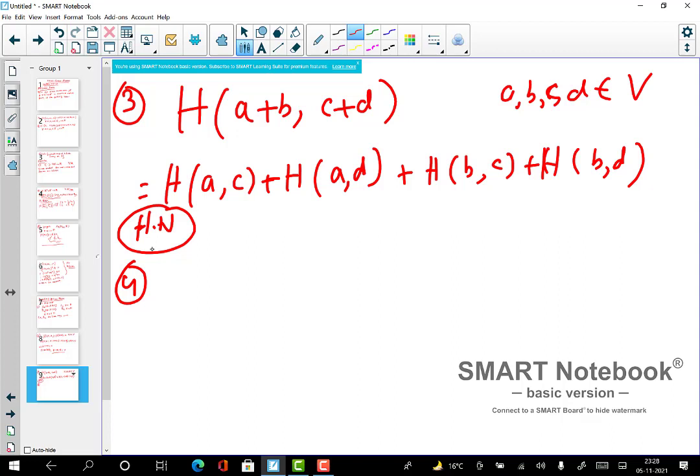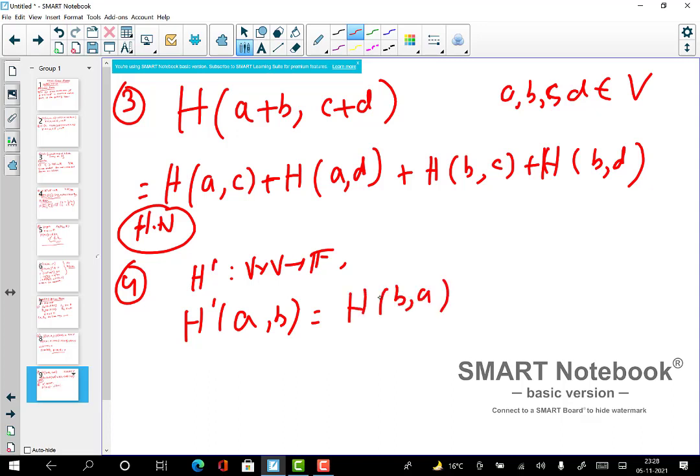If you define another map, say h dash, where h is given, and you define h dash of a, b equal to h of b, a, defining it the other way, then obviously h dash is also a bilinear form.